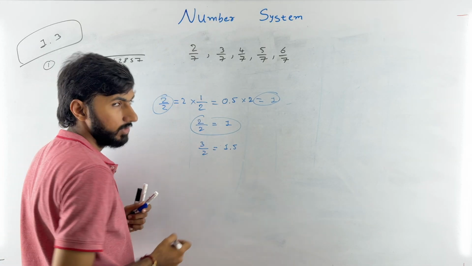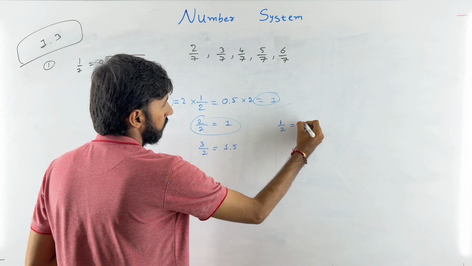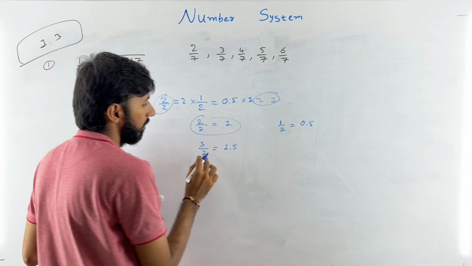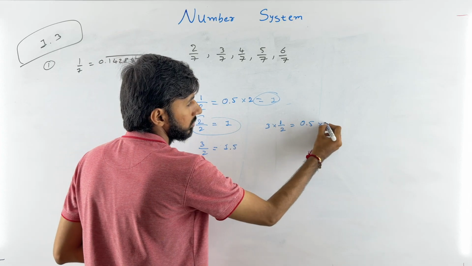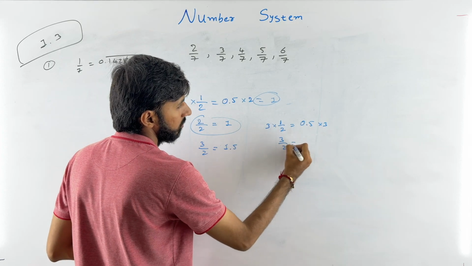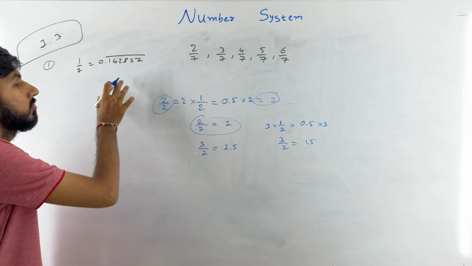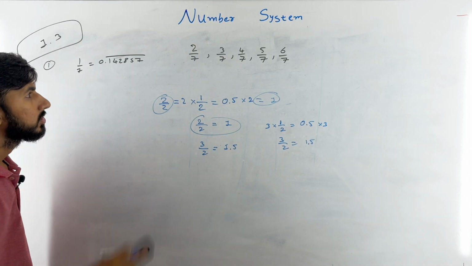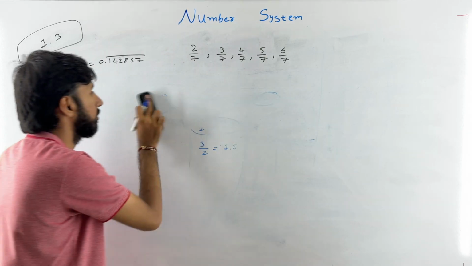Now if I want to find 3 by 2, what I will do is 1 by 2 equals 0.5. Now I want to find 3 by 2, so I will multiply by 3 on both sides. So this is 3 by 2, this is 1.5. Here we will do the same thing. We will just multiply the numerator on both sides of the given value.